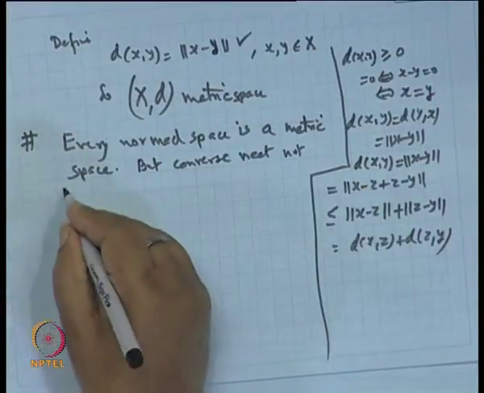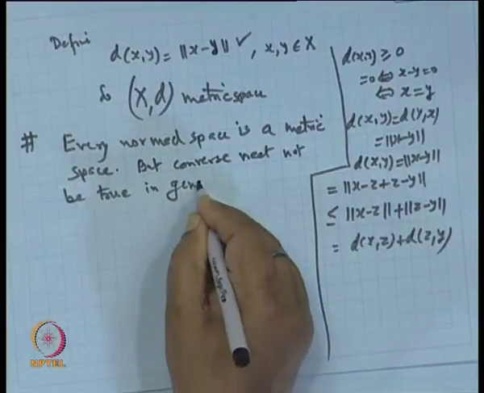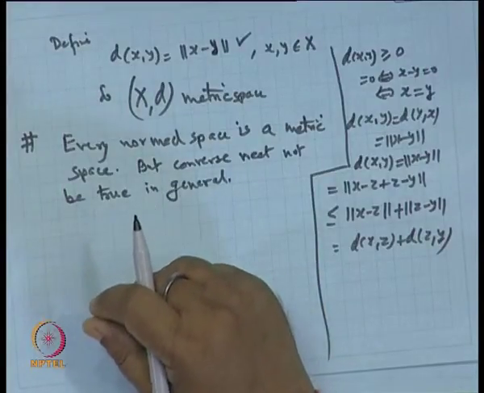In general, all metric spaces may not be a norm space.